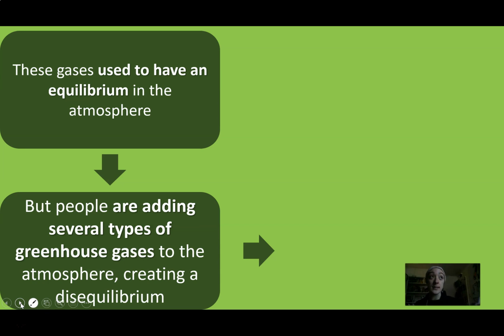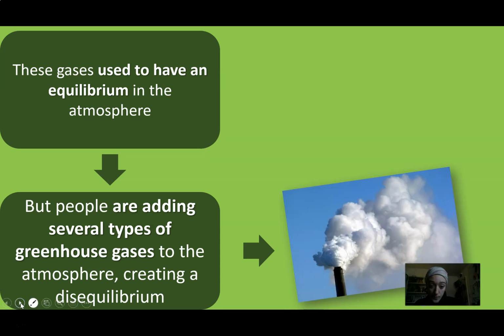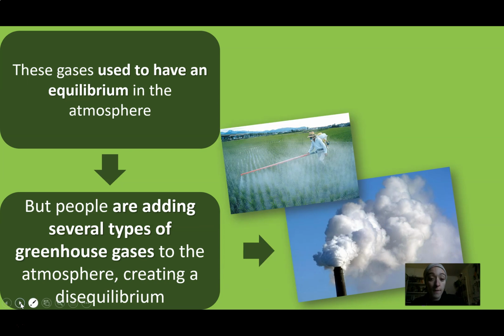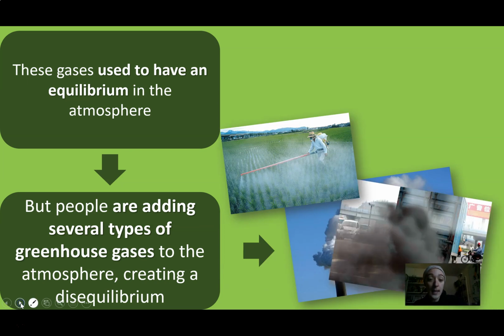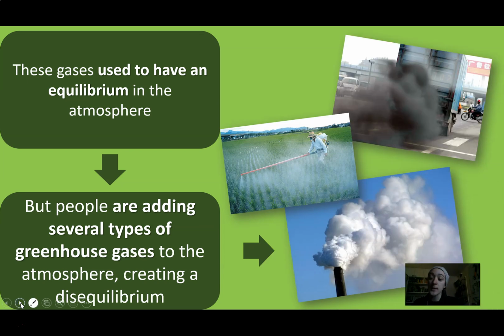Human activity is disrupting the balance of these gases in the atmosphere. So through factories, pesticides, our agriculture practices, driving cars, flying planes, all these things we do that cause air pollution are really adding a lot of these greenhouse gases to our atmosphere.